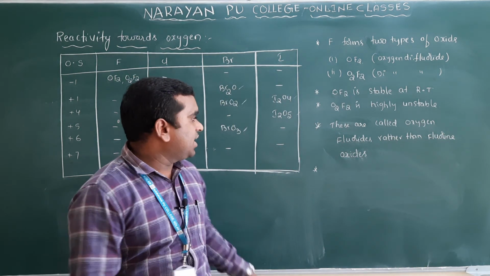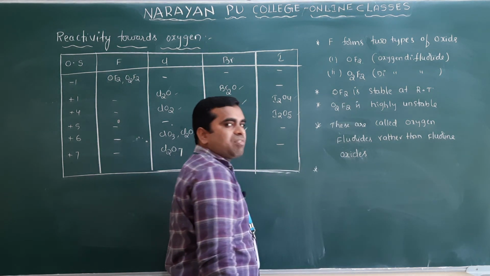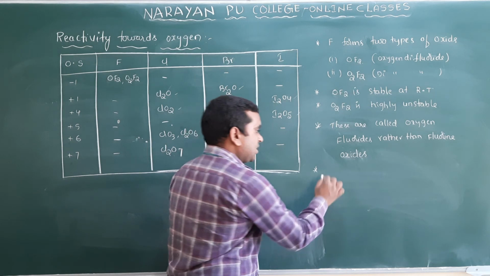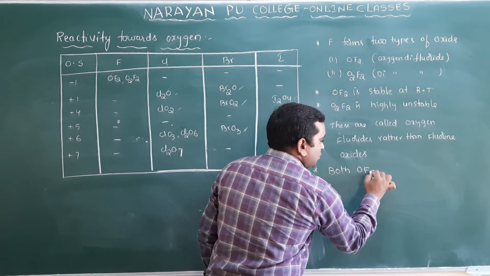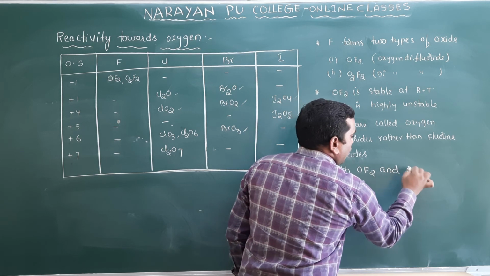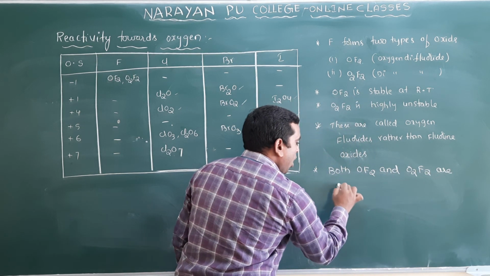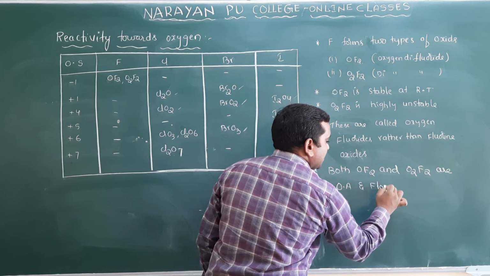So another one is, both OF2 and O2F2 are powerful oxidizing and also fluorinating agents. Yeah. So both OF2 and O2F2 are oxidizing and powerful fluorinating agents.